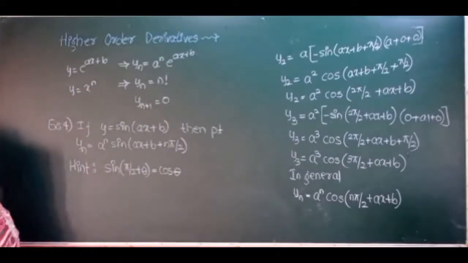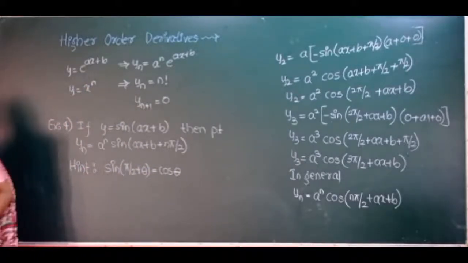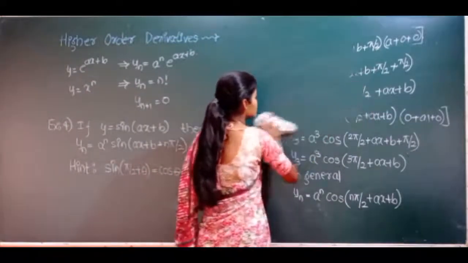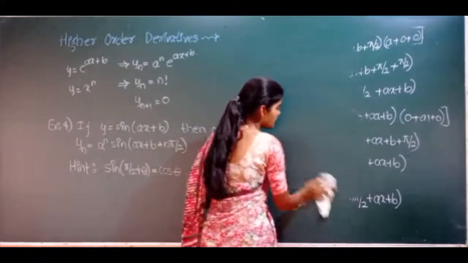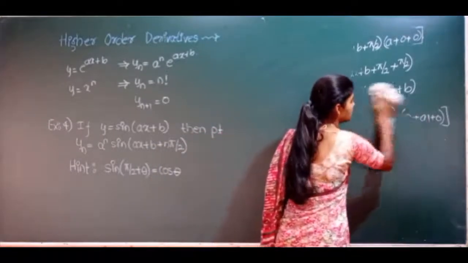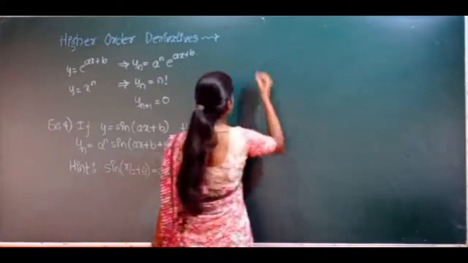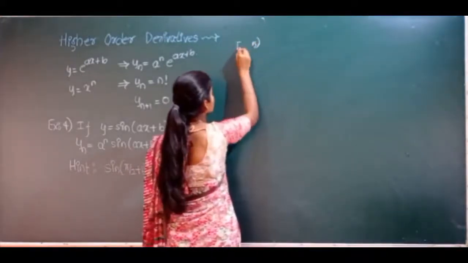I will move to the next example, the fifth one. The function is ax plus b raised to m.